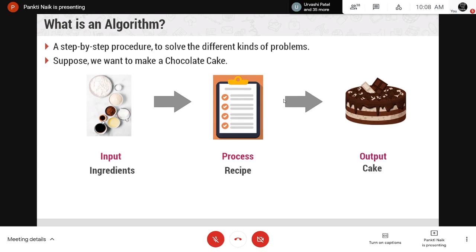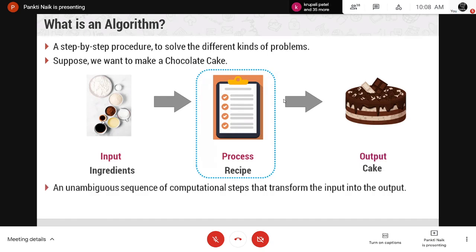So what did we do here? We gathered some input, then did some process on that input, and after processing that input, we get the output. So this process is known as an algorithm. A step-by-step solution for any problem is known as an algorithm.